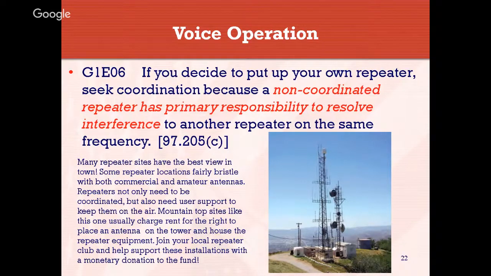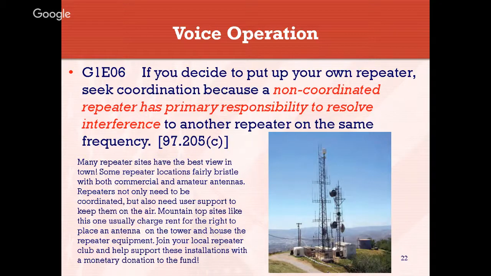You may have to keep your antenna a little bit lower to make your footprint smaller. At any rate, you want to be coordinated. If you just go out and throw up a repeater and all of a sudden you're creating interference on the same frequency of another repeater, it is your responsibility to resolve that interference problem.